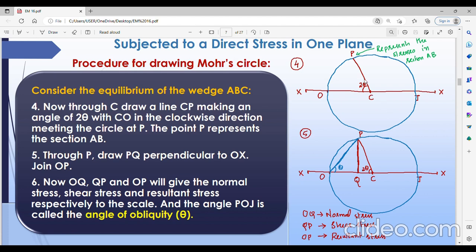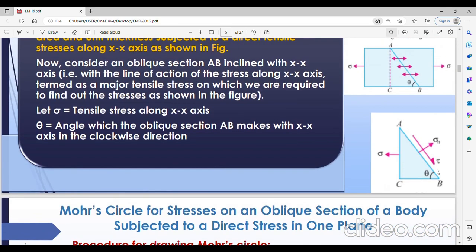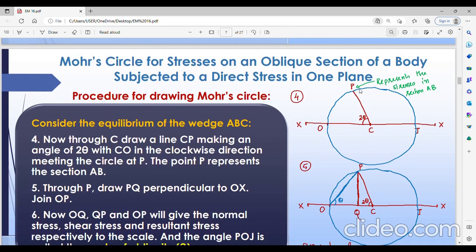And you have to draw a line CP with 2 theta as the angle, a line from the center of the circle at an angle 2 theta, in the positive direction, that is the clockwise direction, because we have to take it as positive. So P represents the stress system on section AB. Here in this figure, AB is the hypotenuse of the triangle. So whatever stresses are applied on this particular face AB will be represented by this point P.